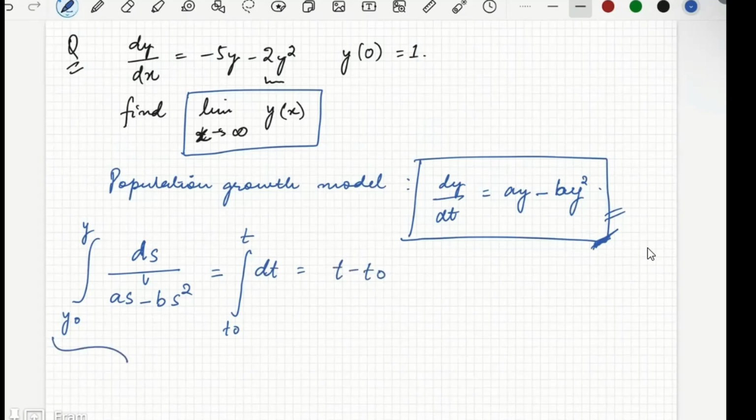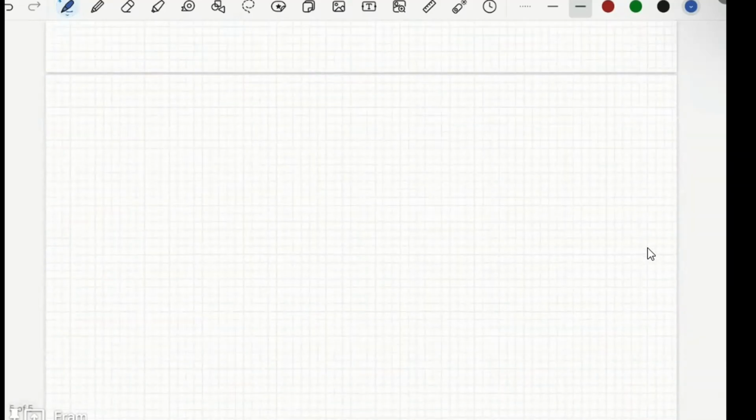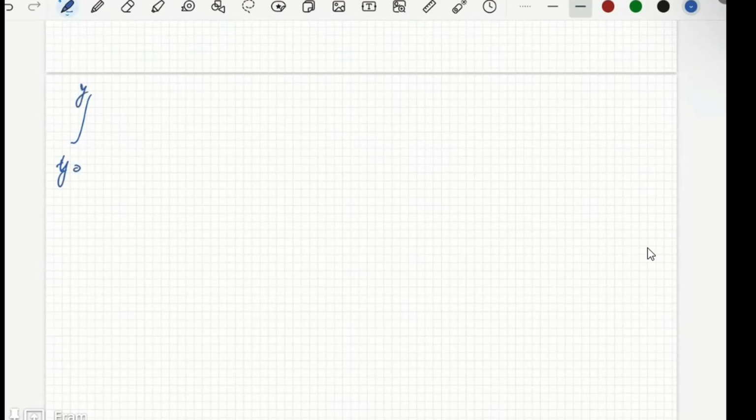Now how can we integrate this part? Let me write it again: the integral from y naught to y of ds divided by (as minus bs square). These are the type of integrals we have solved in class 12. We can separate it using partial fractions.